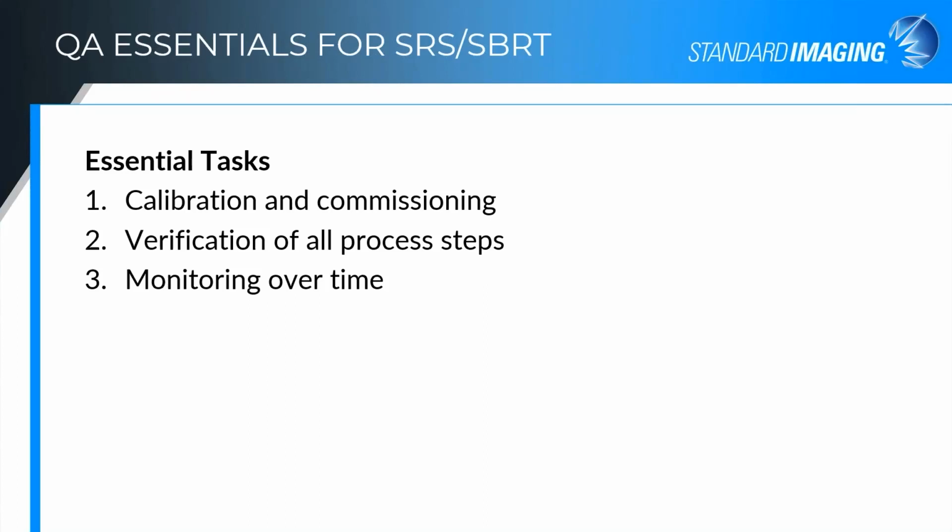And then next would be making sure that your entire process of your treatment, from scanning and planning, sending plans to the LINAC, and then treating your patient, all of that fits together to give you the accuracy that you're looking for in your treatments. And then last but not least, making sure that once you set it up and you're confident it's accurate from the beginning, you monitor that over time in order to ensure that you continue to treat patients with that same accuracy that you established at the beginning of your program.